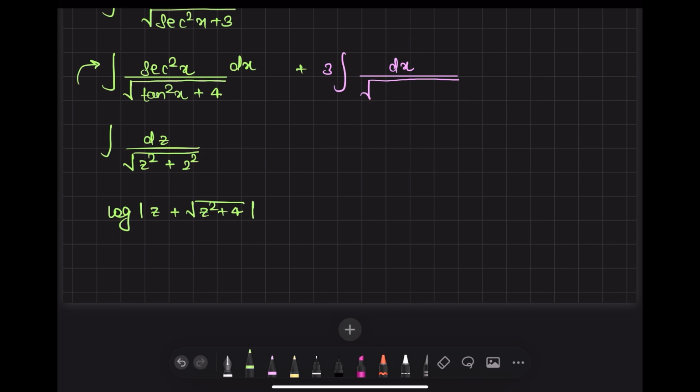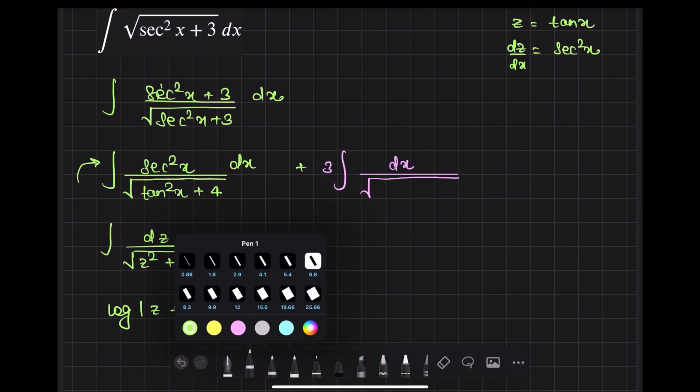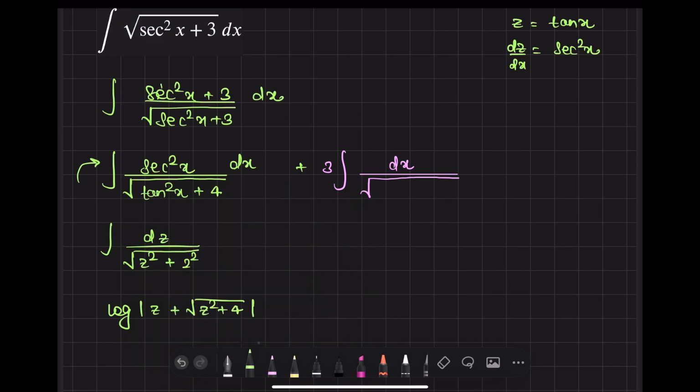Now the point is, look at the next component. In the next component we don't have anything that we should take as z. So what I will do is convert the question into sine and cos. So can I write this tan square x as sine and cos?